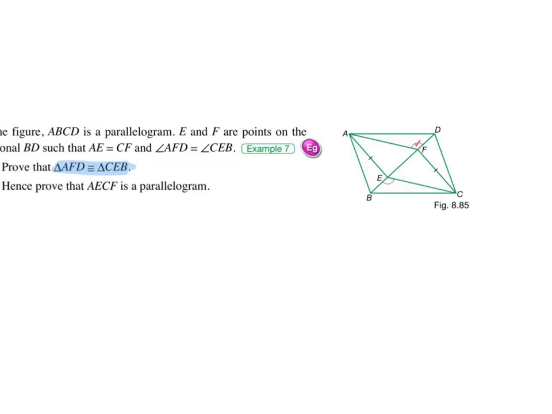And then next, you can claim that AD equals to BC, or actually AD equals to CB. Why? Because they are the opposite sides of a parallelogram. And finally, you can also claim these angles and the corresponding one equal because they are alternate angles, AD parallel to BC. So after you claim all these 3, you have SAS to prove the congruent triangles.